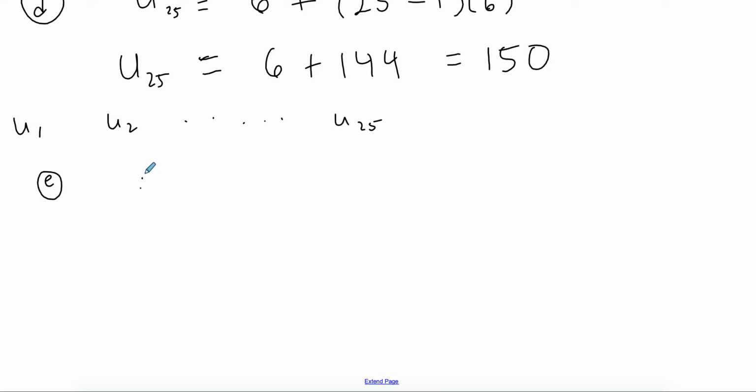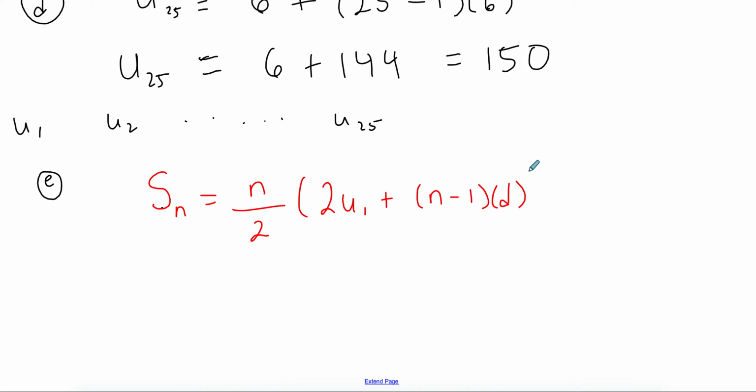So for the sum of the 25 terms of the sequence, let me just write the full formula down. So you have the two formulas, S_n. If you're adding the first 25, n is going to be 25, so it's 25 divided by 2, times 2 times the first term plus n minus 1 times the common difference. I like to put loads of brackets.